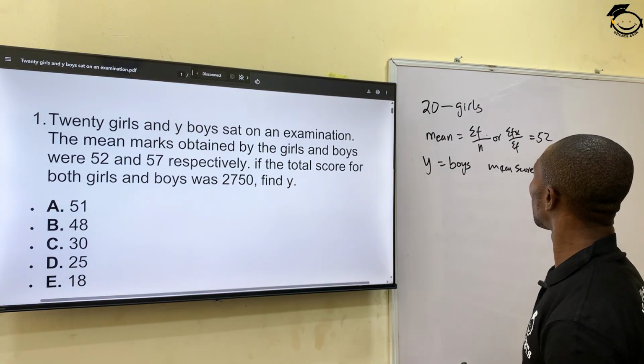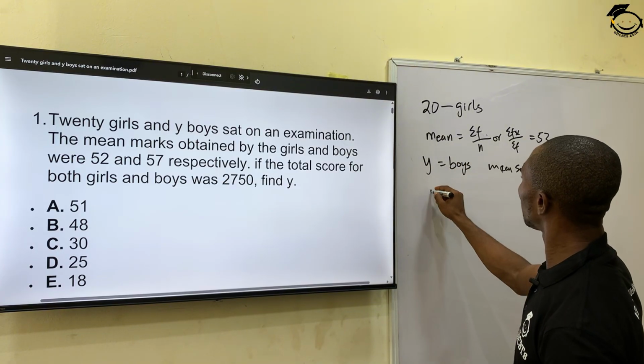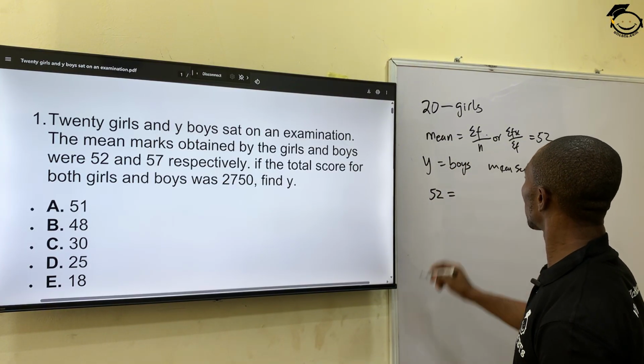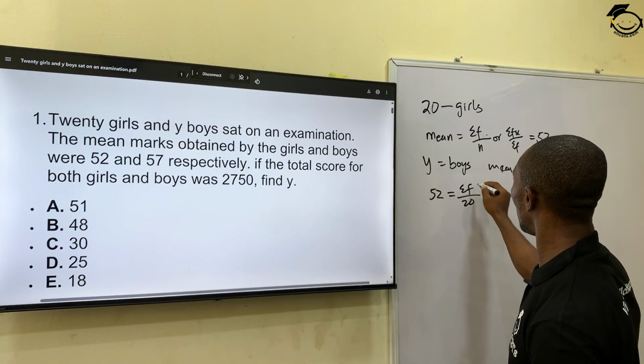They said the total score of the boys and the girls were 2,750. Now, for us to find the ΣfX of the girls, we know that the mean score 52 equals the number of girls, 20, all over their Σf.